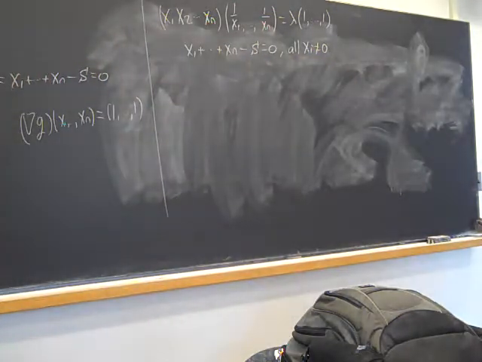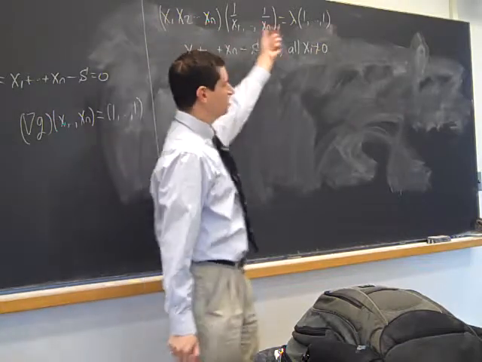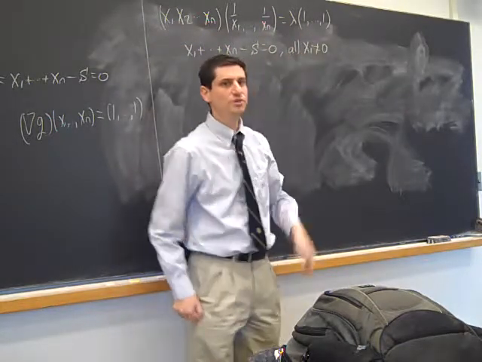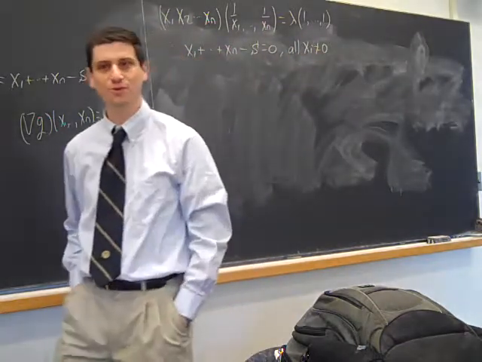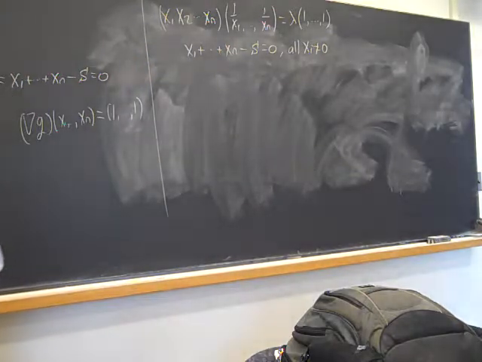Okay, so now we need to solve. I need this vector to equal this vector. What can you tell me about x1, x2, x3, x4? What must be their relationship to each other? Yes? Equal. They all have to be equal.